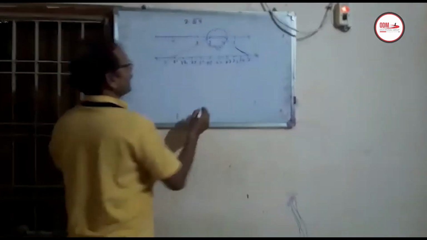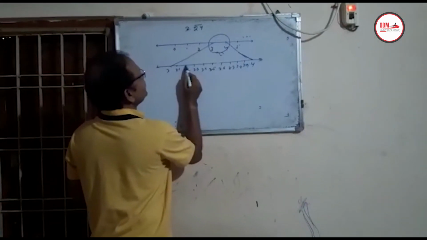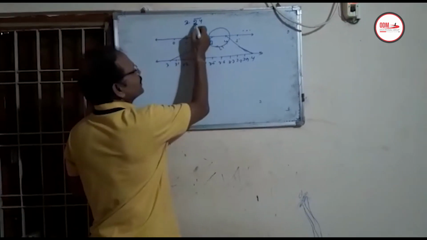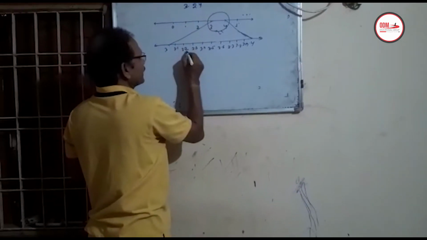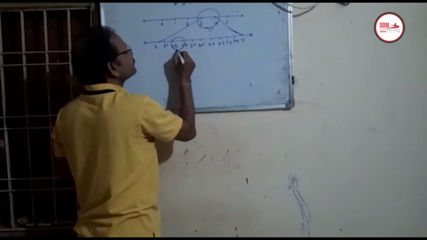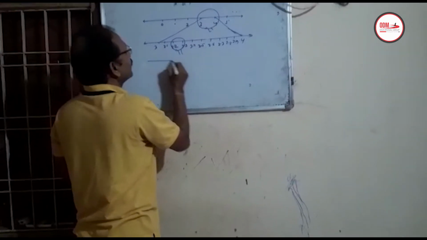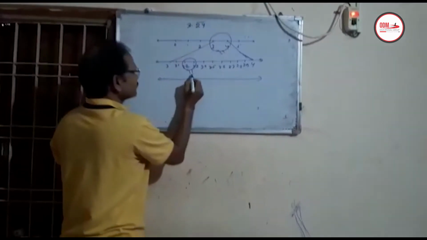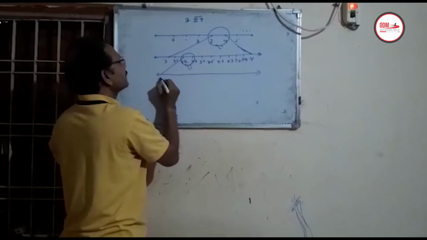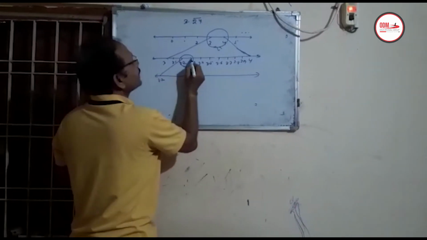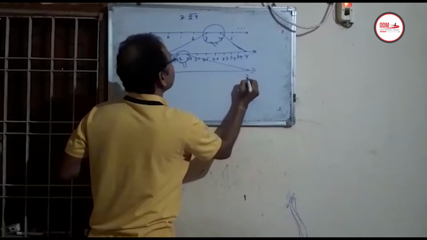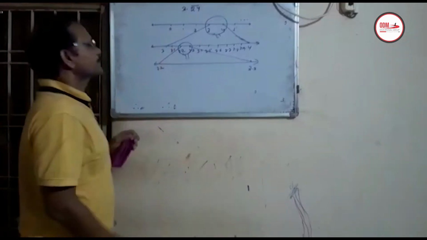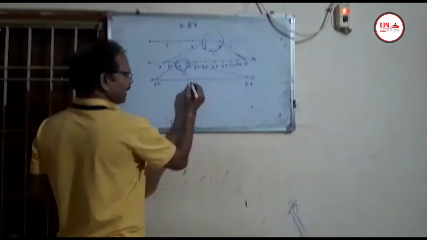Again, you keep the lens in between 3.2 and 3.3, because 3.24 is here. Now its size will be increased. This will come here, 3.2, and this will go there, 3.3.